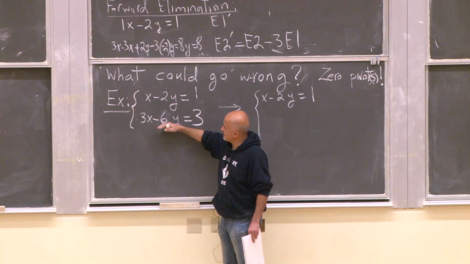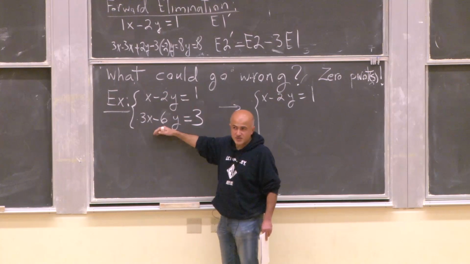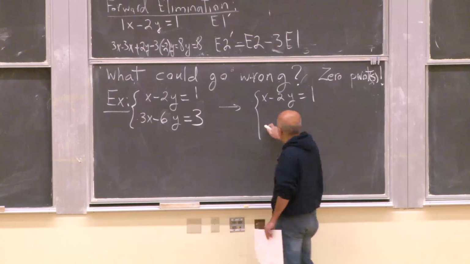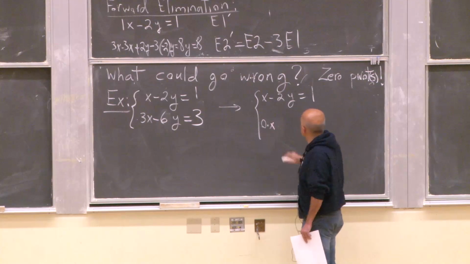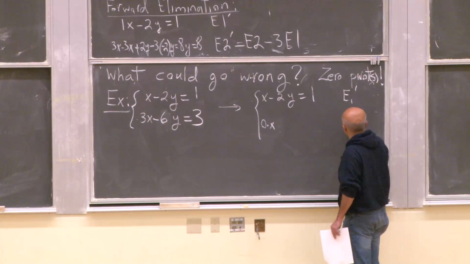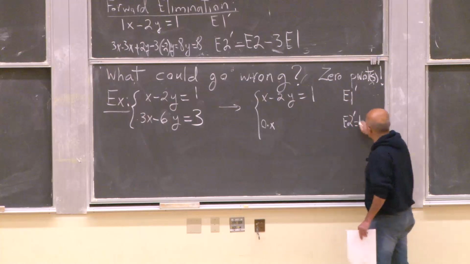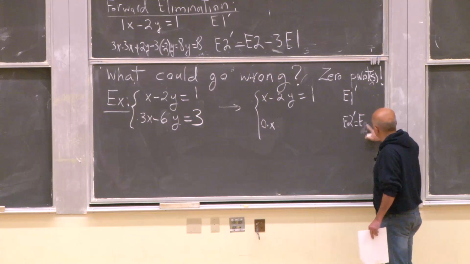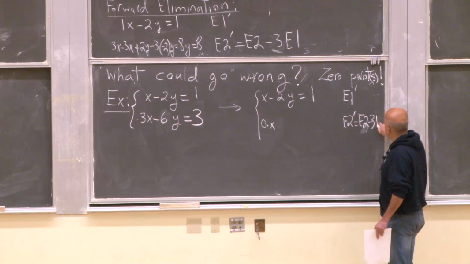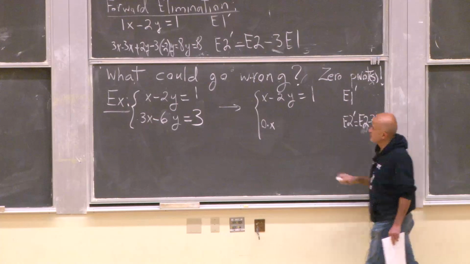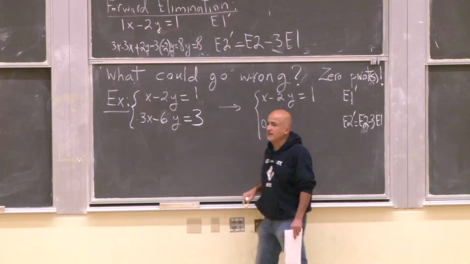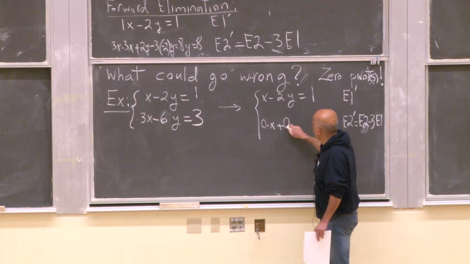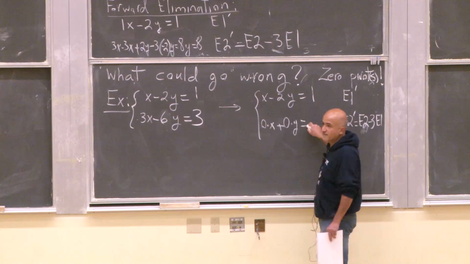So you, again, subtract 3 times the first equation from the second equation. If you do that, what do you get? How many times x? You get 0. 0 times x. So this is E1 prime, and E2 prime is E2, the original second equation, minus 3 times E1. Okay, so what happens when I subtract 3 times this from that? You get 0 again. 0 times y equals 0.